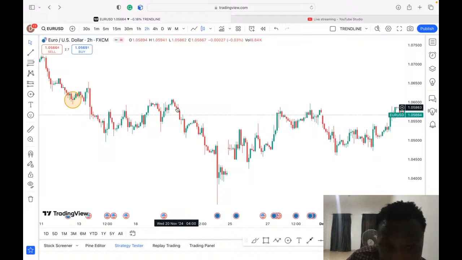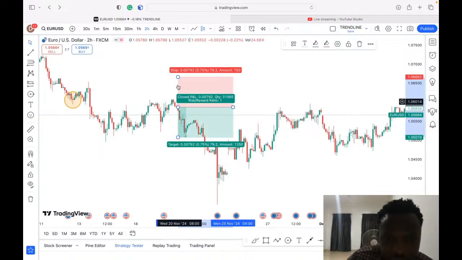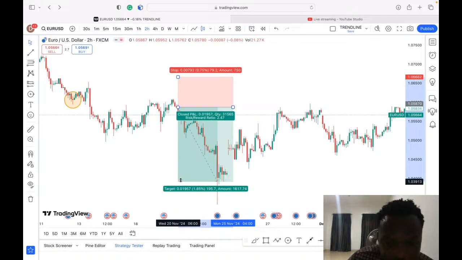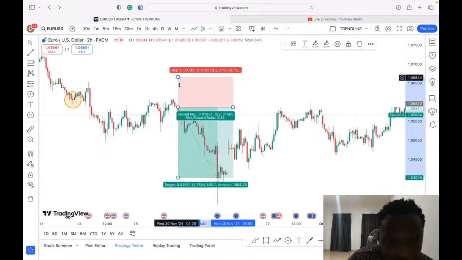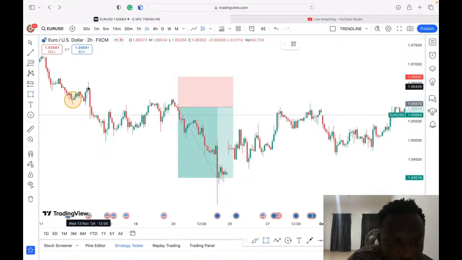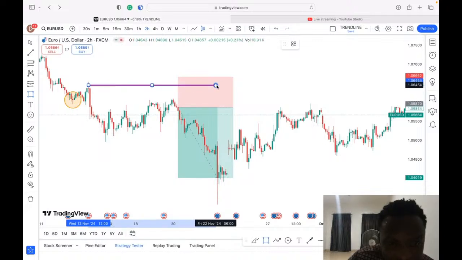Immediately this candle forms, I'm going to short my trade. I put my trade here, and you can decide to take your stop loss to be the previous resistance.